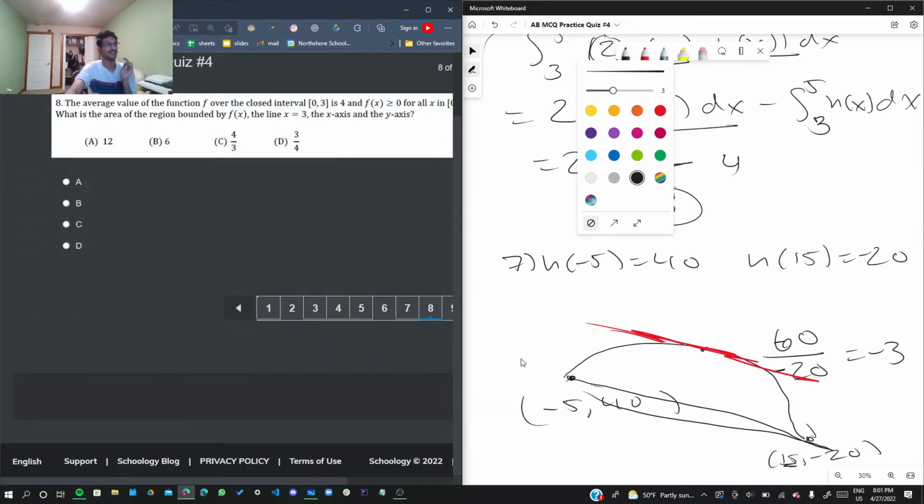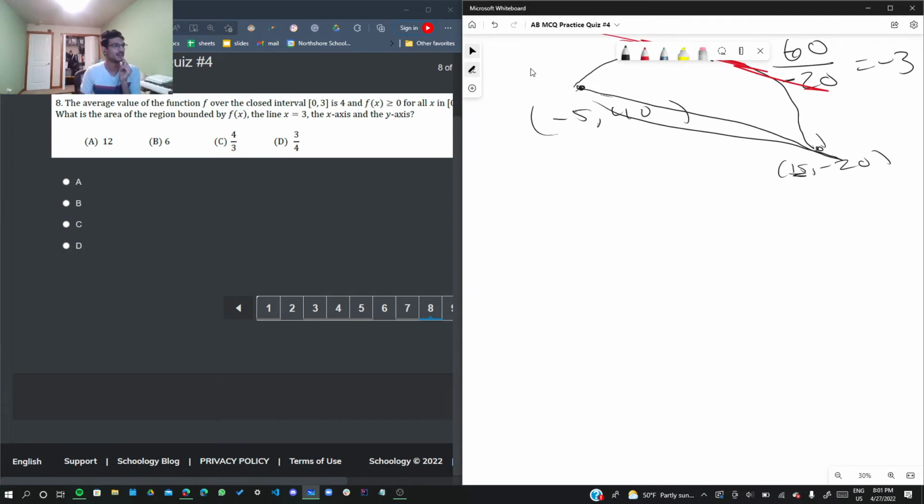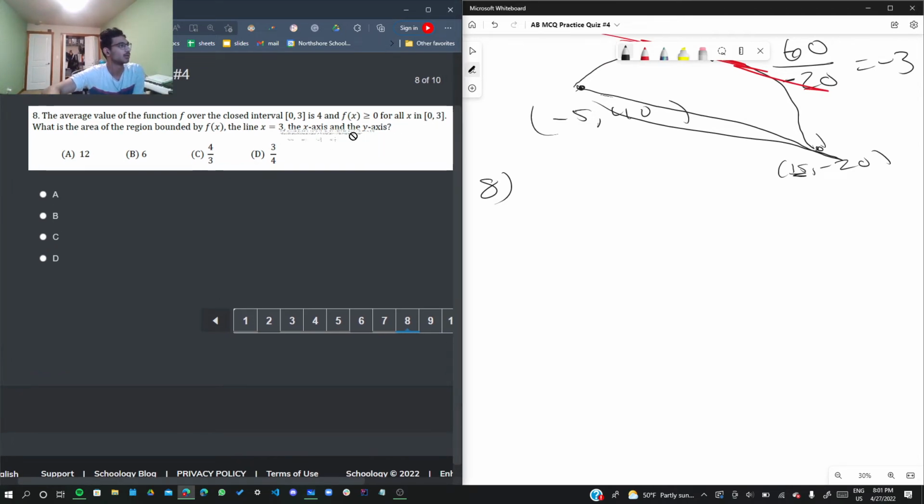All right, number 8. The average value of a function is 4. What is the area of the region bounded by f of x, the line x equals 3, the x-axis and the y-axis? Oh, okay. So it's basically saying we have this function from 0 to 3, the average value is 4.